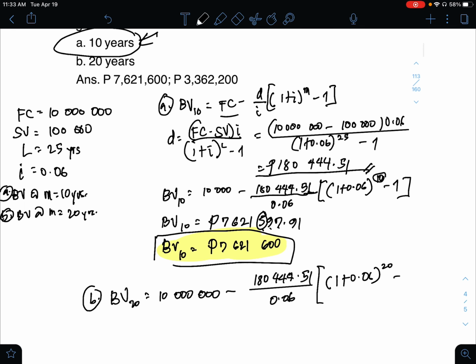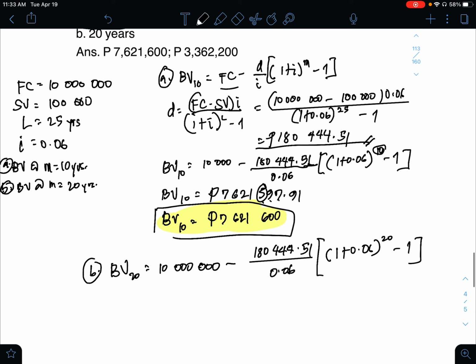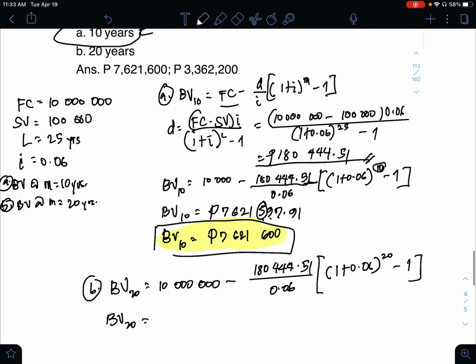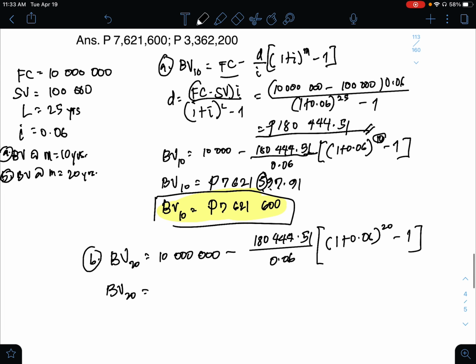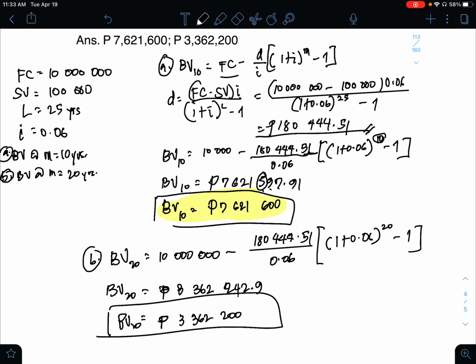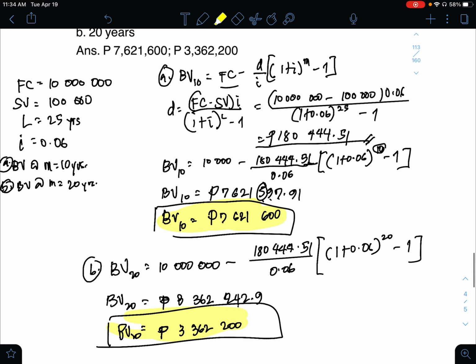So 20 minus 1. Therefore, the book value or appraised value after 20 years, rounded to the nearest 100, in decimal the answer is 3,362,242.9. But for ones, tens, hundreds, it becomes 3,362,200 pesos. So the appraised value after 20 years is 3,362,200 pesos.